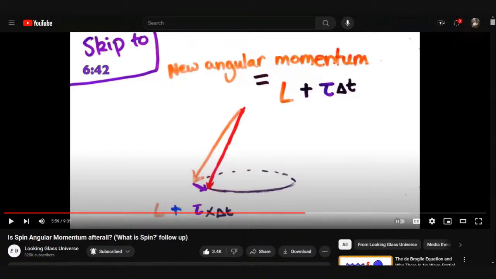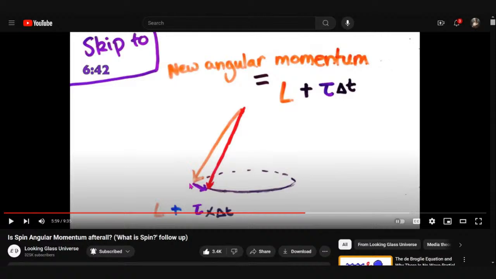So if this is what we want to happen, let's assume we want the electron to behave this way, to rotate, to precess this way. If this is what we want, how do we accomplish this? You could say this is delta tau.